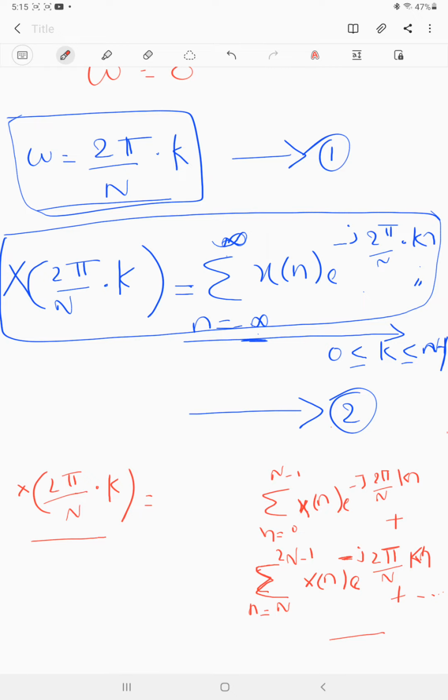We know that x of n has an infinite number of summations for n samples.